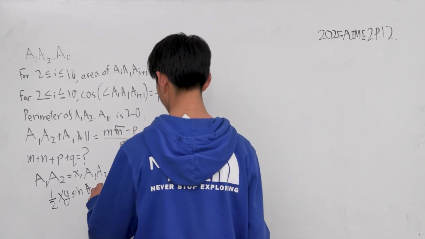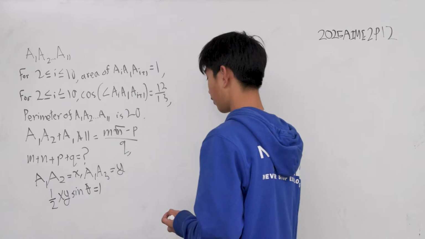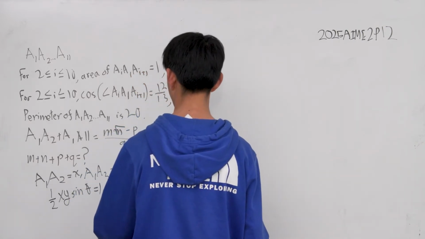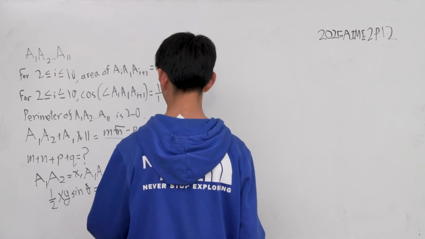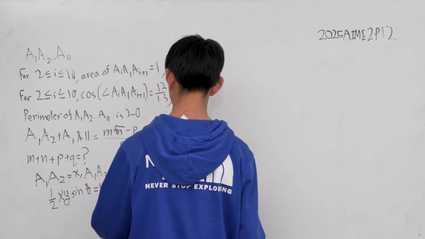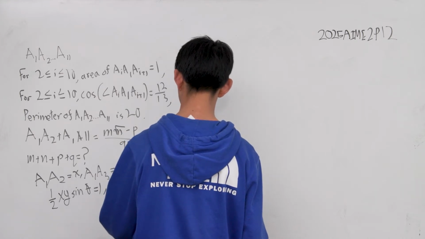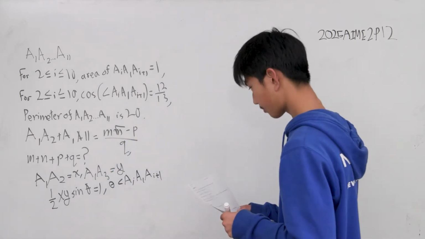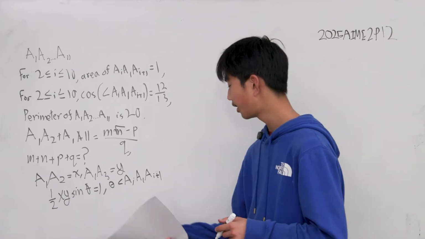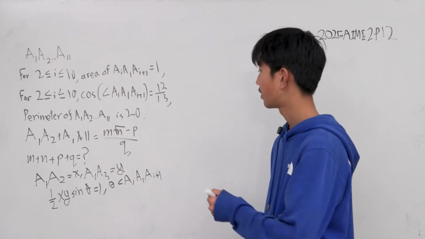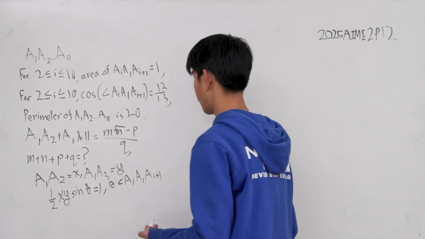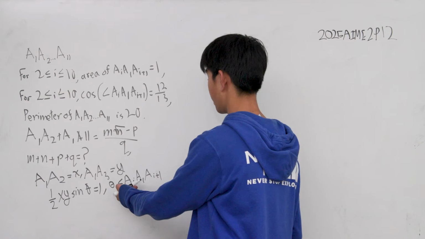Here, theta is the angle at A1 in triangle A_i, A1, A_(i+1). Since the cosine of this angle is cosine theta, we'll just say theta is this angle.